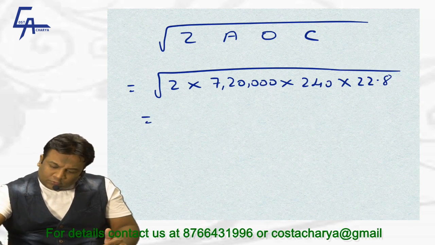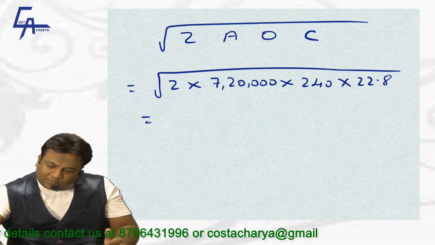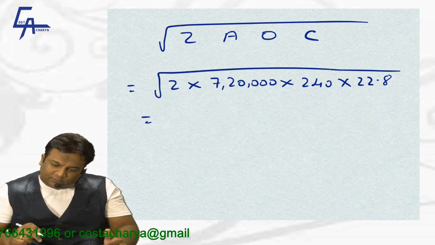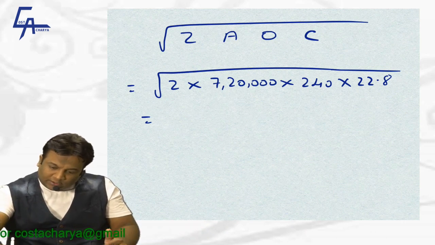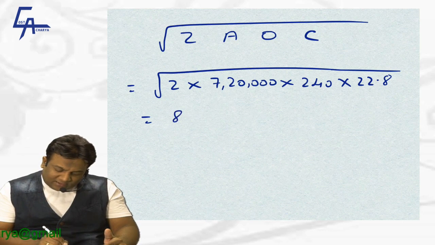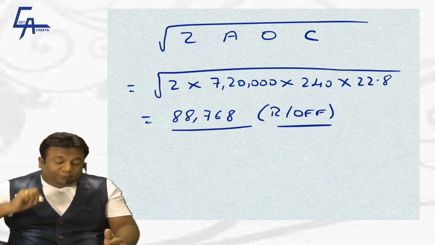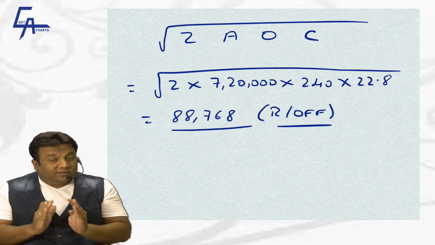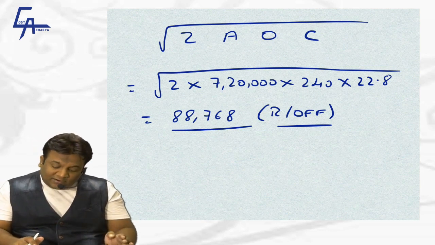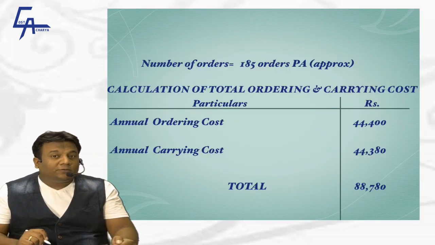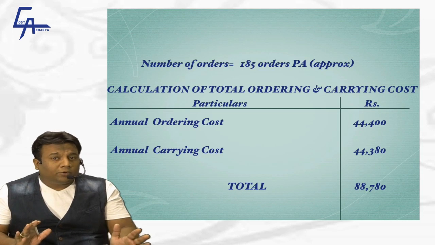It will be 2 into 7,20,000 multiplied by 240 multiplied by 22.8. So whatever it is, whole under root. So we get the answer as 88,768 rounded off. Okay. So this formula will give me the accurate result, the exact answer. Now we didn't get the exact answer here. The answer is 88,768 and we got the answer as 88,780. That's simply because of the rounding off.